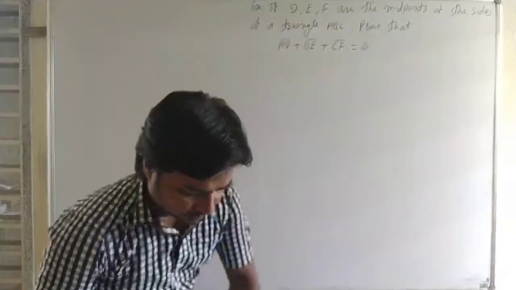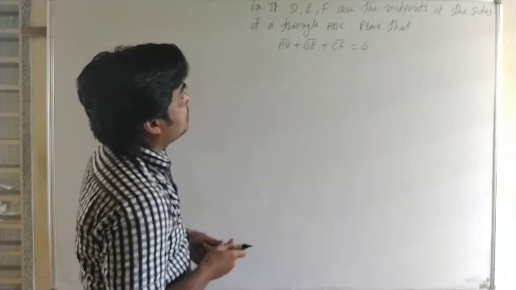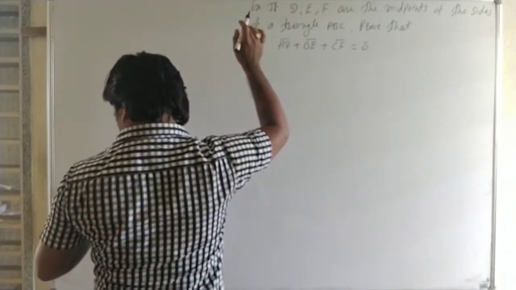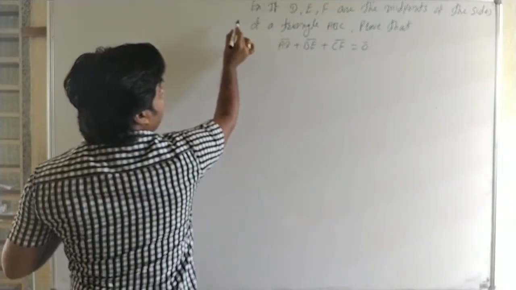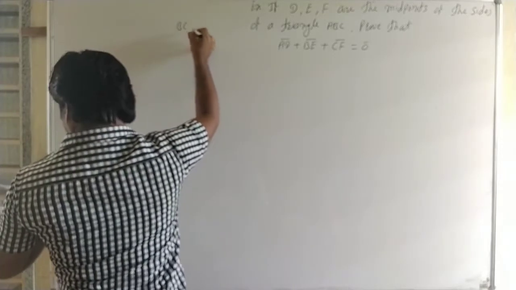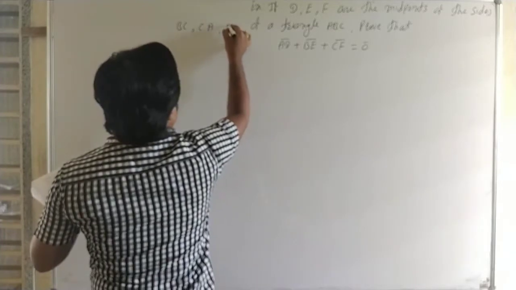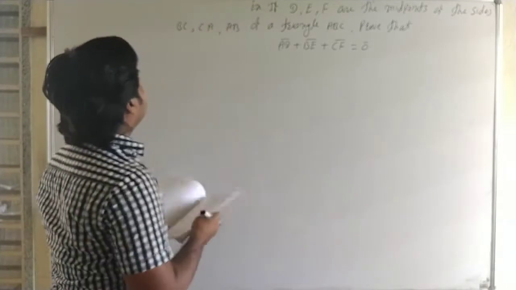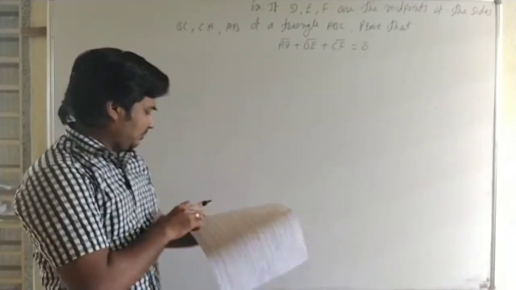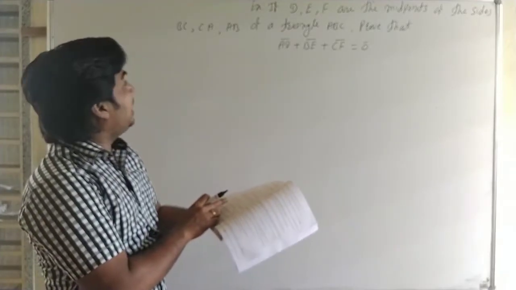Now here DEF are the midpoints of sides BC, CA and AB. That is, D is a midpoint of BC, E is a midpoint of CA and F is a midpoint of AB.